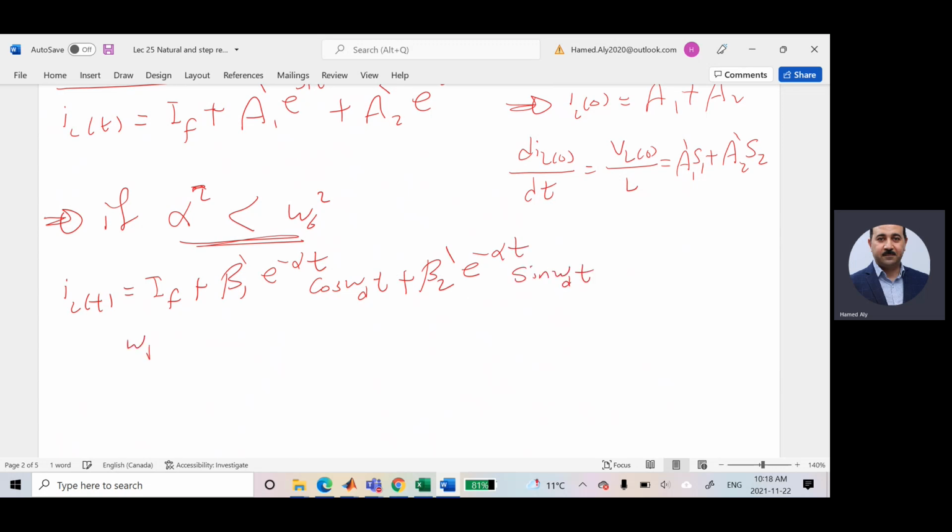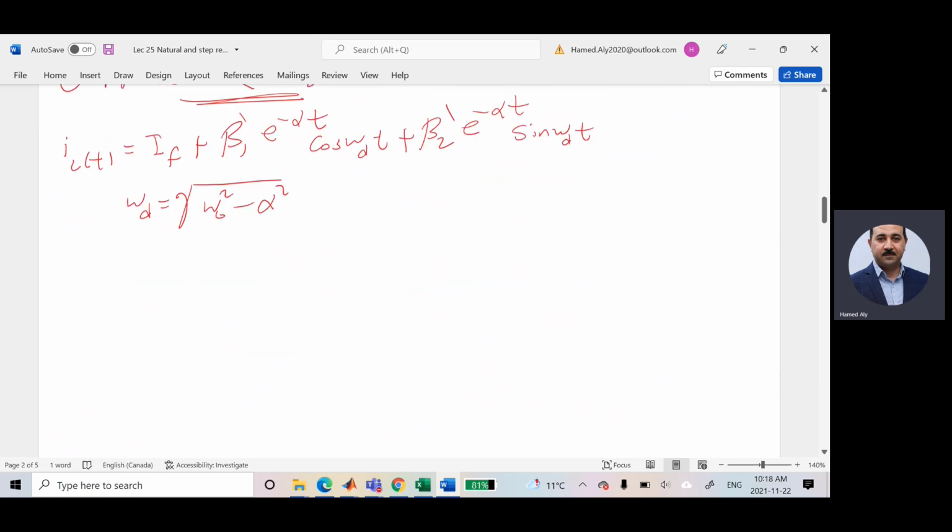What's omega d? Again, omega d is equal to the square root of omega naught squared minus alpha squared. Again, I can find beta 1 and beta 2 from the initial conditions, iL of 0 and diL of 0 by dt.